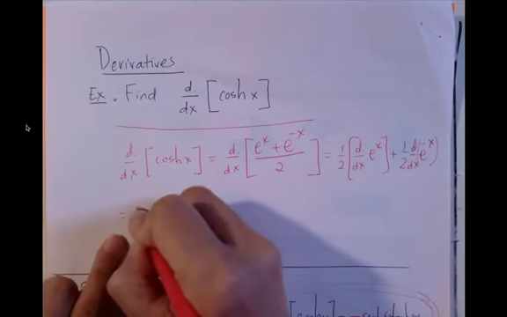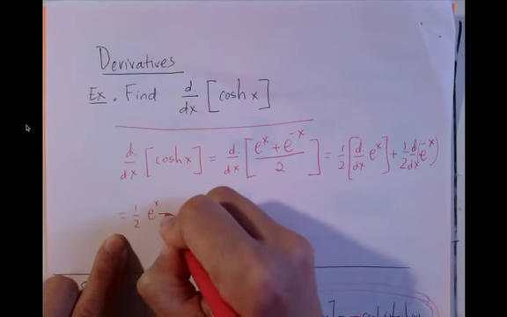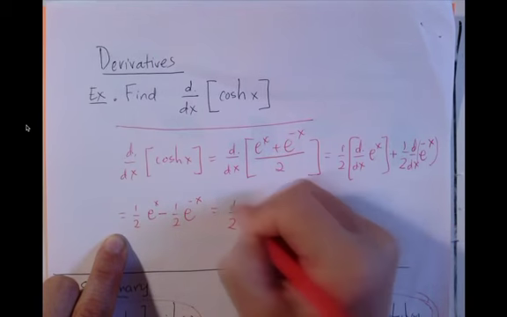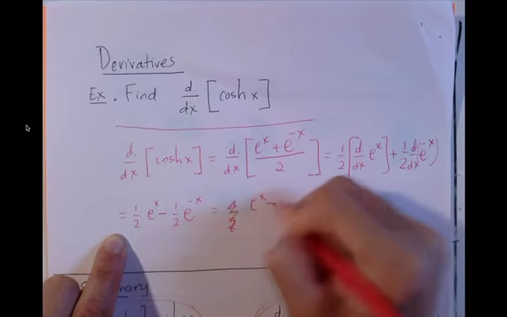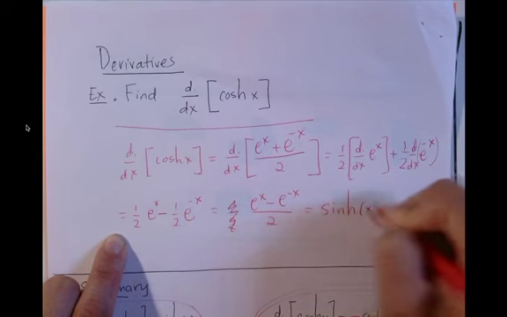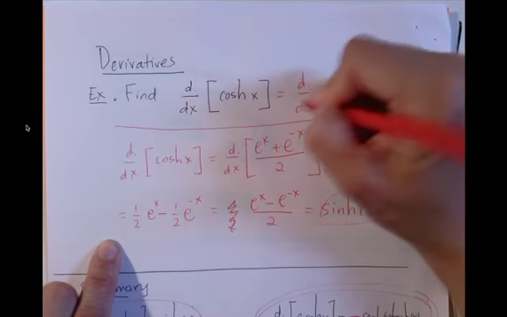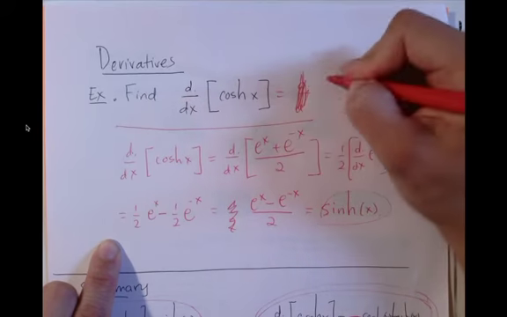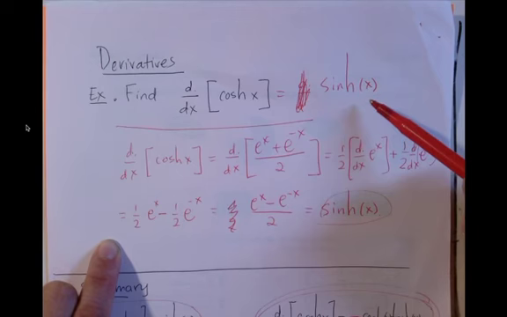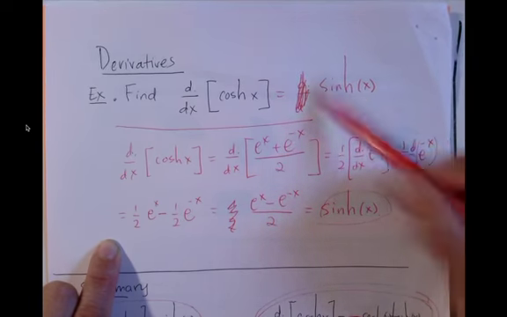And this just gives us 1/2 e to the x minus 1/2 e to the opposite x. And this looks exactly like the hyperbolic sine function. So what we find here is that the derivative of hyperbolic cosine is just hyperbolic sine. Notice that this is different from unit circle trig because there's no minus sign. So that's one thing you have to remember.